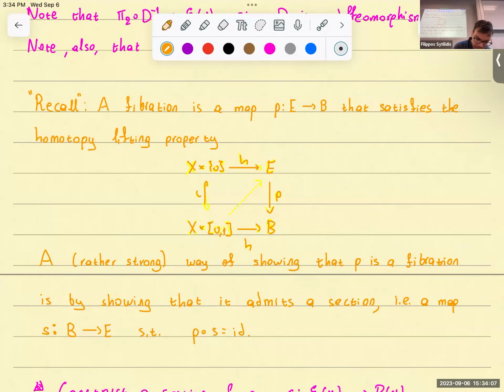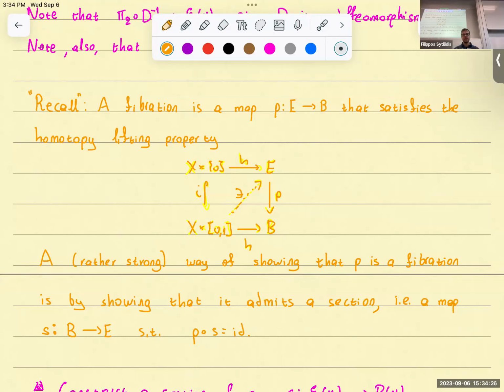So this is data that I have. Then there exists a lift of the entire homotopy on the total space.